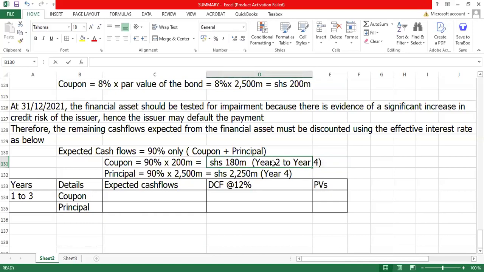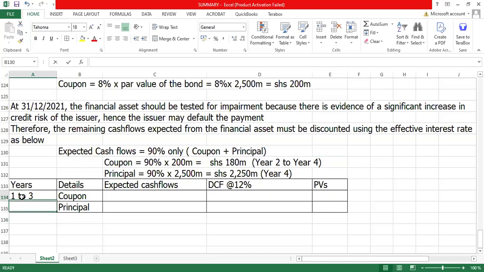Don't use 4 here. I'm just putting it to show that you expect to receive the coupon for year 2, year 3, and year 4. So those are only the 3 years you must indicate.